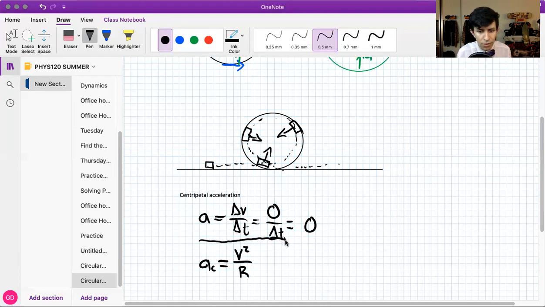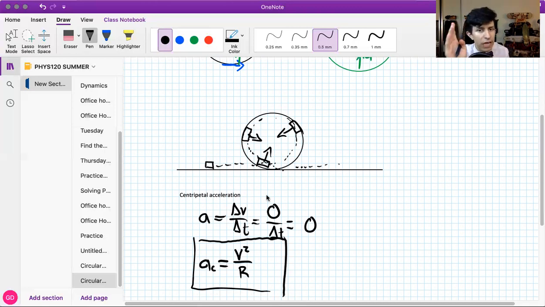It's such an important one. Oh my goodness, this lag sucks. Okay, like that. So you have V squared over R. So now if you have a problem where I'm asking you, hey, can you calculate the centripetal acceleration? The two pieces of information you need to know are 1, the speed, 2, the radius of the circular path.